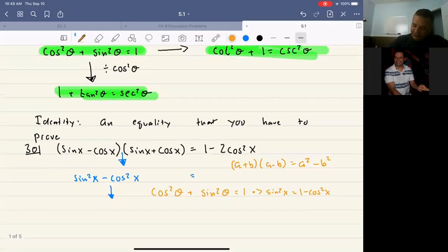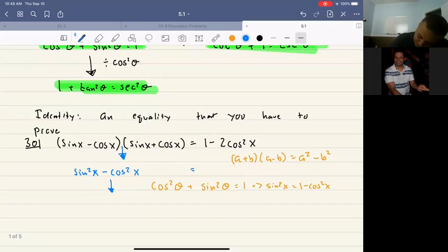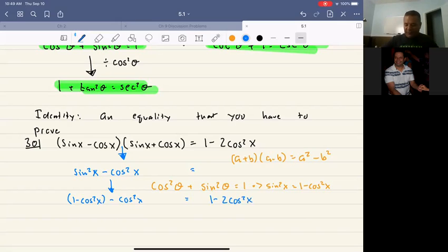Okay, so 1 minus cosine squared of x minus cosine squared of x equals, and then we get the other side, of course, 1 minus 2 cosine squared of x. Okay, all right, now, all well and good, but this is not how problems look in MyLabs Plus.